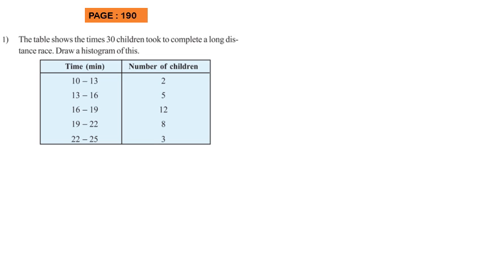See first question. The table shows the times 30 children took to complete a long distance race. Draw a histogram of this. Here first column represents the time taken to complete the race, which is given in minutes. Here you can see 10 to 13 minutes, 13 to 16 minutes, 16 to 19, 19 to 22 and 22 to 25.